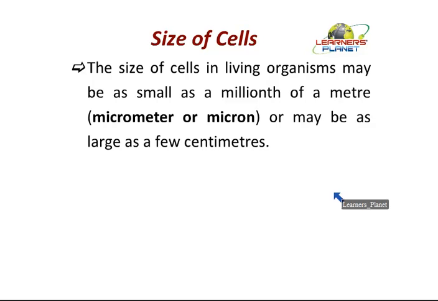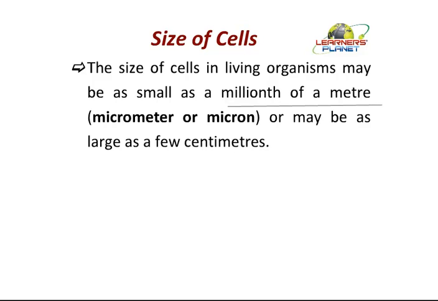Let us take the size of the cells. Variation further occurs on the basis of size also. We said in the previous session that these organisms could be as small as a millionth of a meter. And what do you mean by this millionth of a meter?